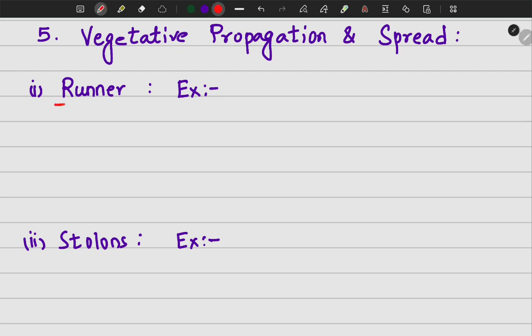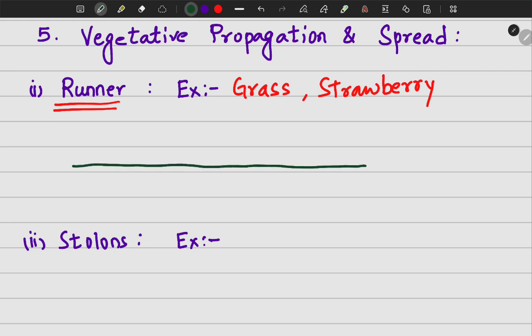The first one is called a runner. Examples where runners are found are grass and strawberry. Now what is a runner? Runner is nothing but the underground stem of these plants. Suppose this is a grass.